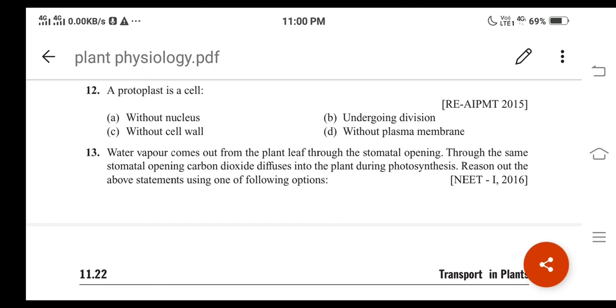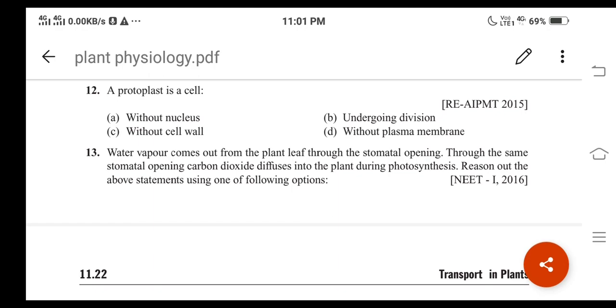Question 13. Water vapor comes out from the plant leaf through the stomatal opening.